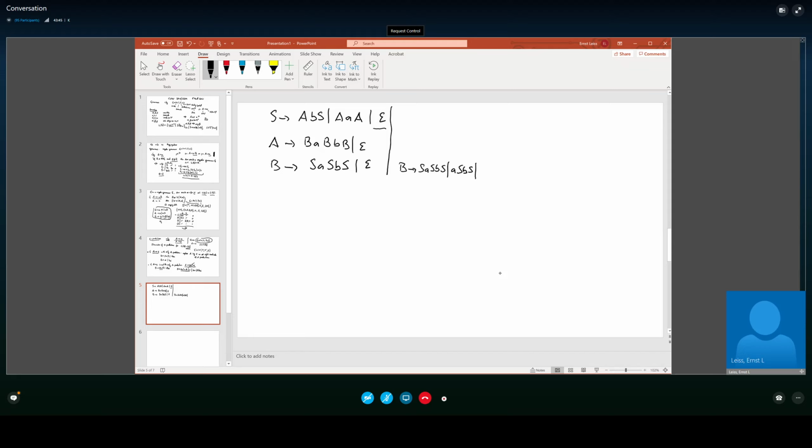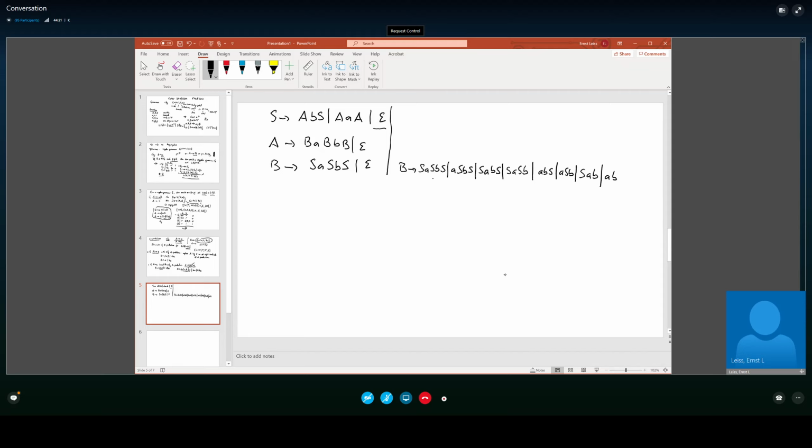Then I get this, ASBS, or I replace the second one, or I replace the third one, or I replace the first 2, or I replace the first and the last, or I replace the last 2, or I replace all of them by epsilon.